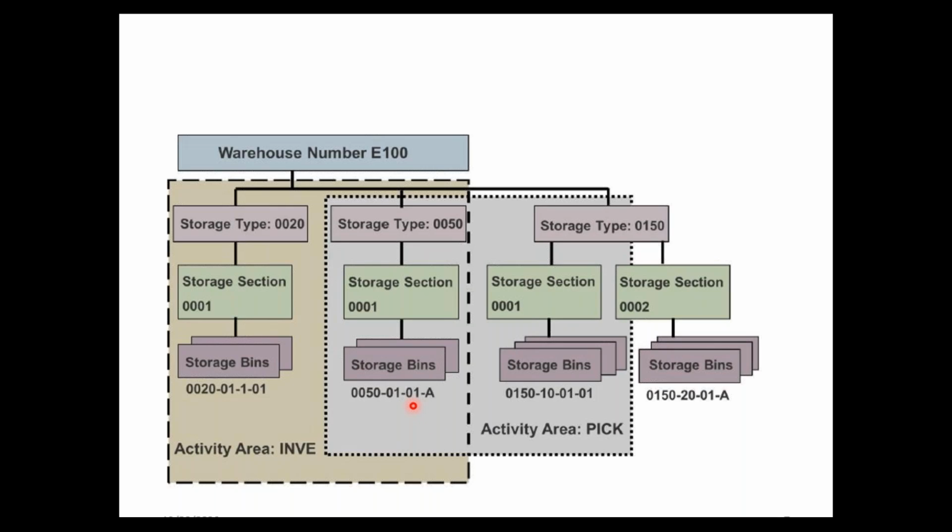You can have several activities within one activity area. You can have several activities within one bin. You can have one bin part of several activity areas also. It's simple. It's one to many, whether it's bin to activity area, or bin to activities, or activity area to activities.